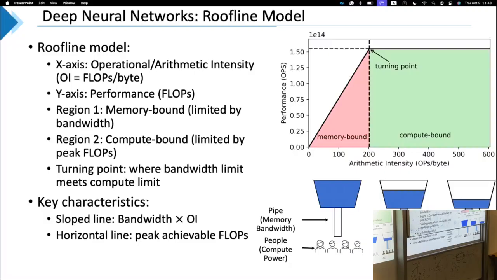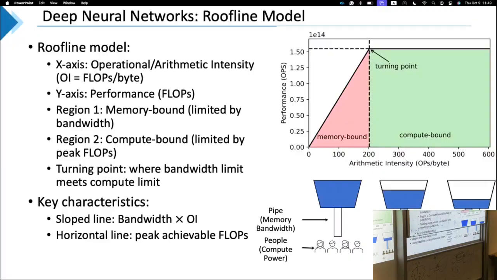If you know the spec of the hardware platform, and you know the operational intensity of your algorithm, you can use this rough analytical model to help you analyze whether your workload is memory bound or compute bound. Let's say you found your design is memory bound, you can do 2 things.